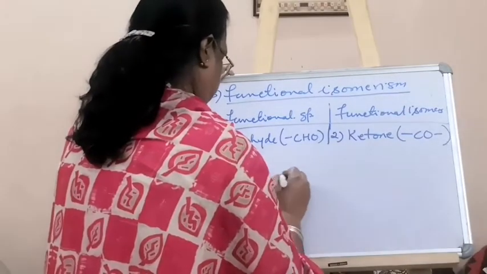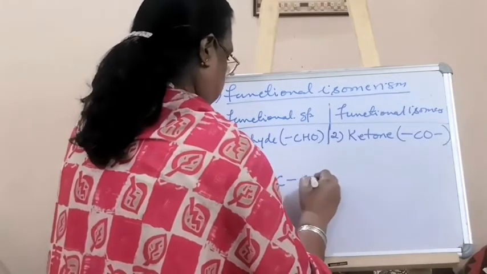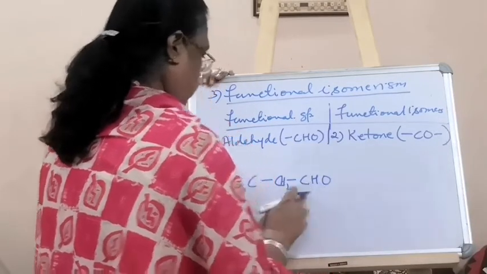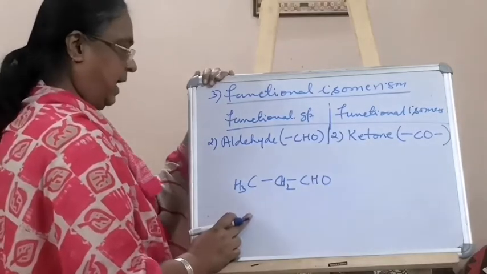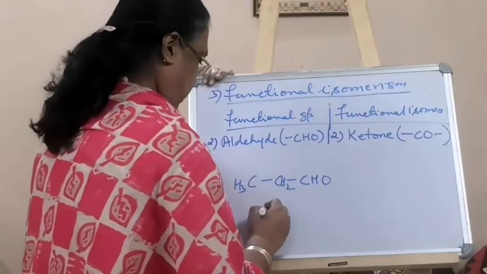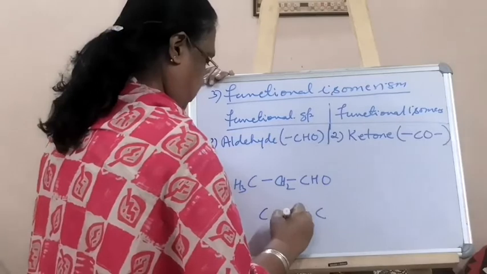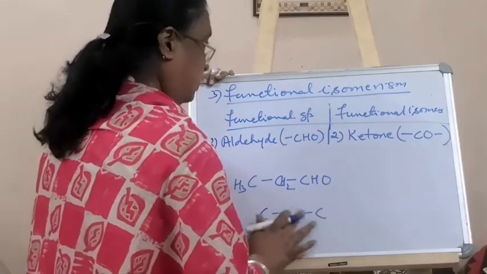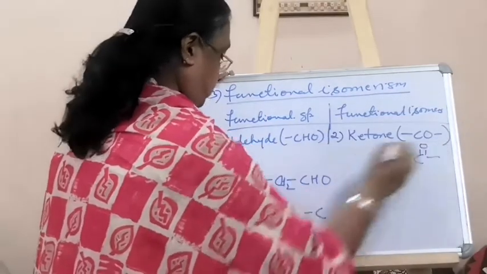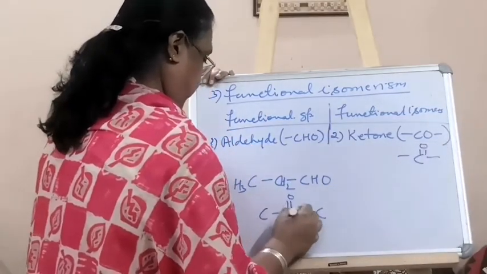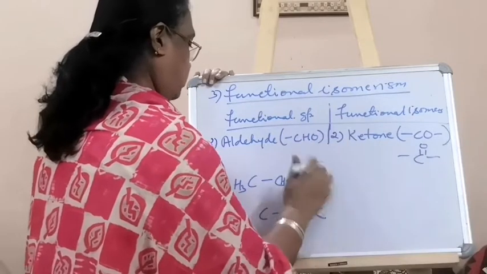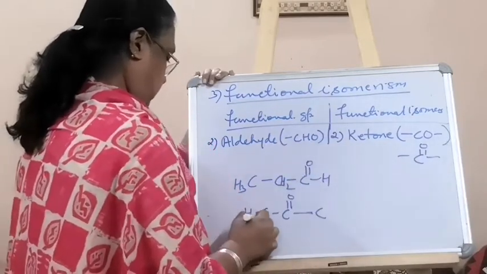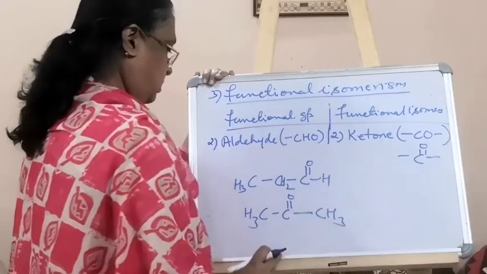So CHO, CH2, CH3 is propanaldehyde, and here 1, 2, 3 and here I write O, and you can also write it this way.